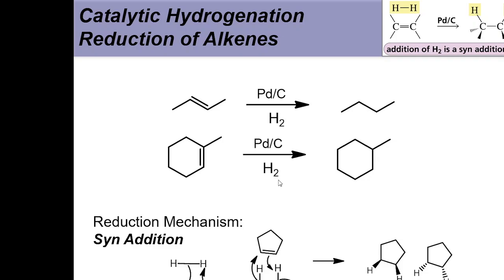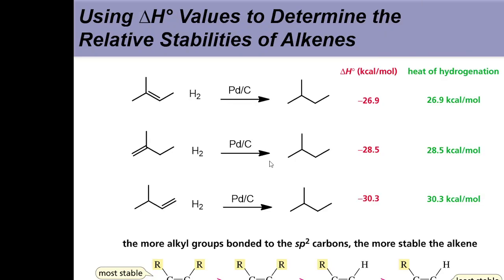One of the applications of this reaction is that we can use it to determine the relative stability of alkenes. You can see three different alkenes on the left side undergoing the same addition of hydrogen gas, resulting in the same product. Since they all give the same product, the products have the same energy.